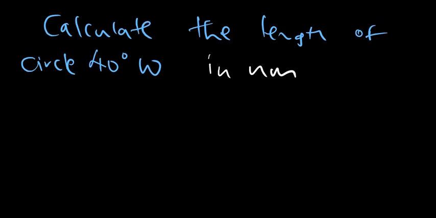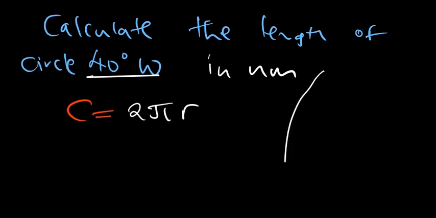Okay, so hoping you've actually gotten it. Very, very simple question here. So what principles do we apply? To calculate the length, you're just trying to determine the circumference. So 2 pi r. Now 40 degrees west, is it a longitude? Is it a latitude? So west is going to be on the left side. So this is a longitude.